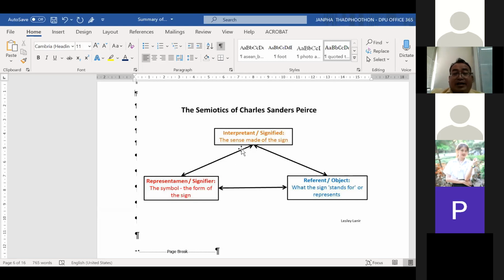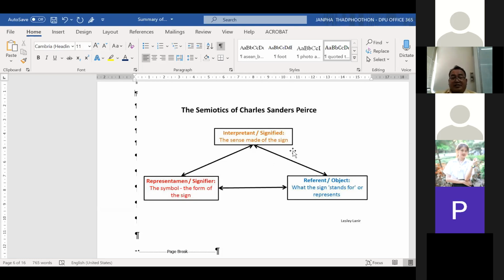Interpretant is another term for signified. It's actually the conception made of the sign. Now, what's different?